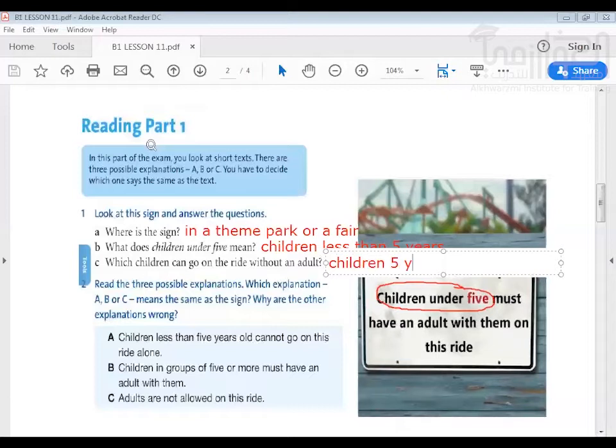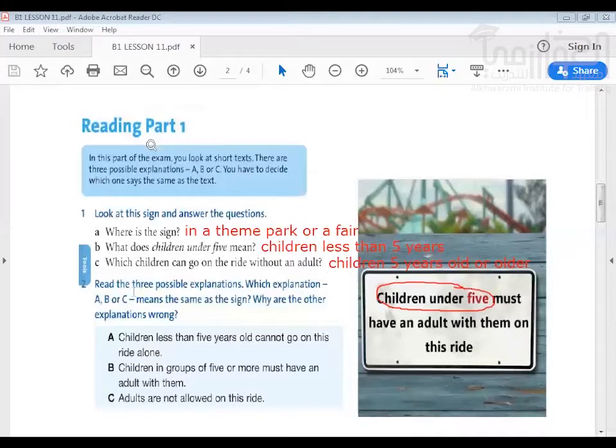So children 5 years old or older, they can ride without an adult.